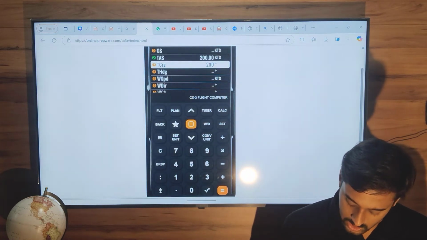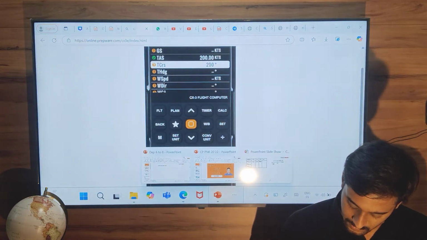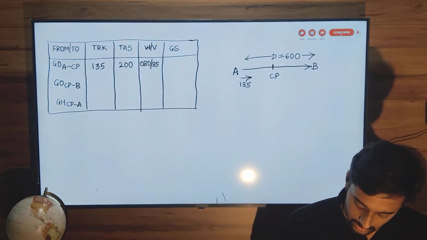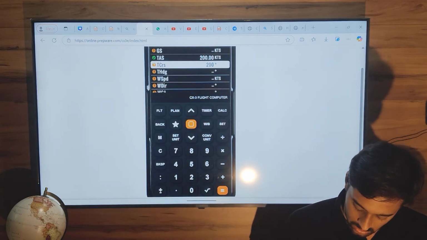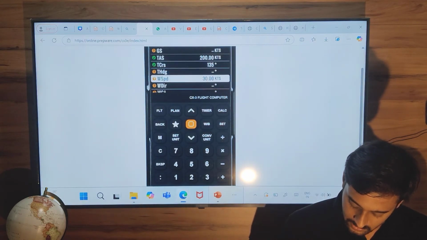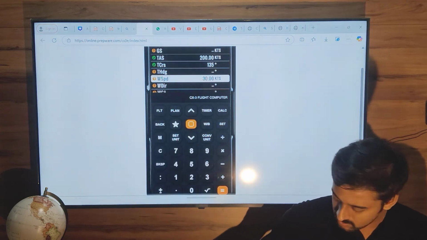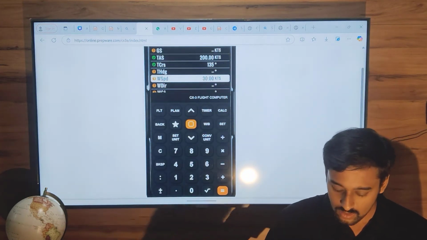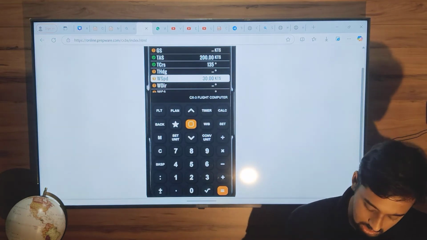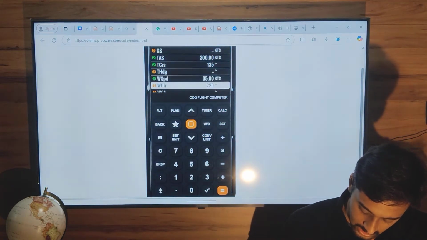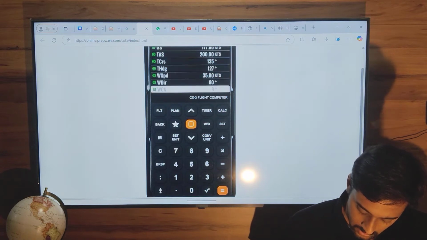True course is how much? True course is 135. Wind speed is 35 knots and direction is 080.